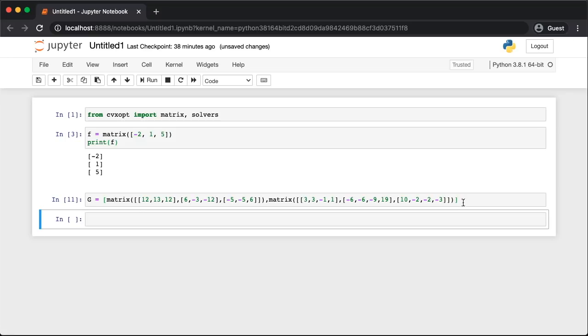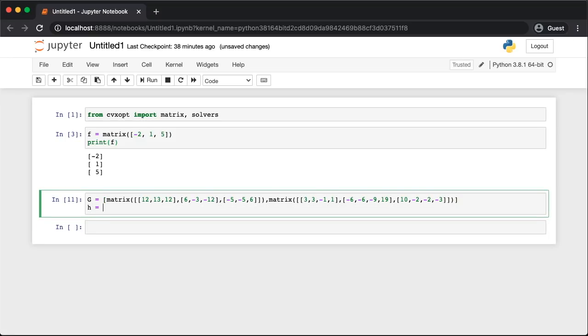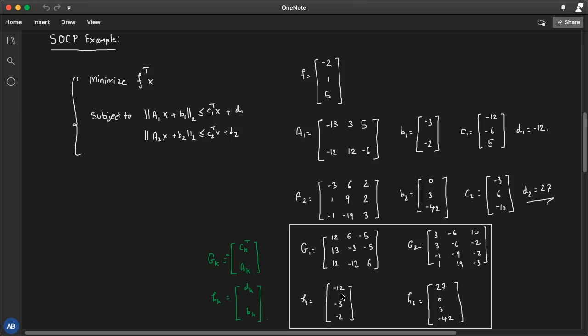And now for my H, right beneath it, all I have to do is define H1 and H2. So my H1, I believe, is minus 12, minus 3, and minus 2.